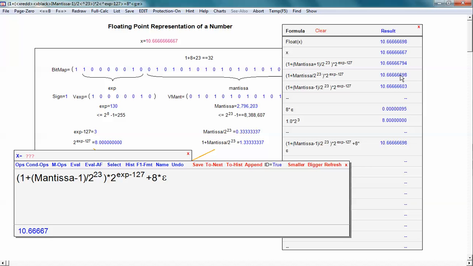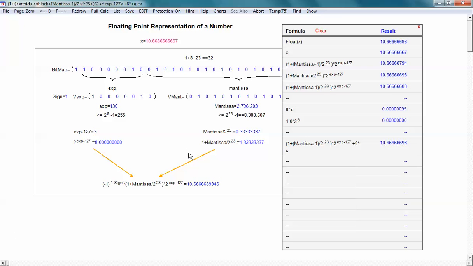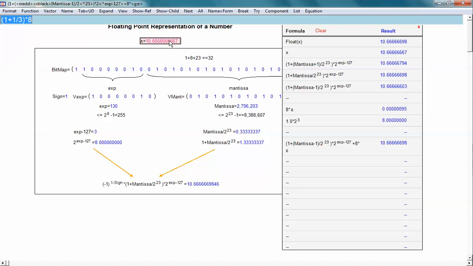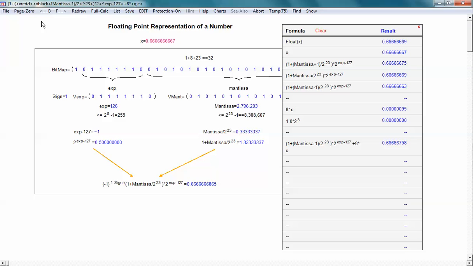I get the next machine number up there. So every time I multiply my x by some power of 2, I widen the gap between machine numbers. Now it goes the opposite way too. If I were to multiply this by 1/2, my exponent then is going to be -1, so I'm going to be multiplying everything by 1/2.